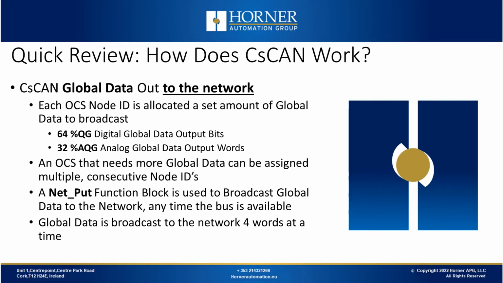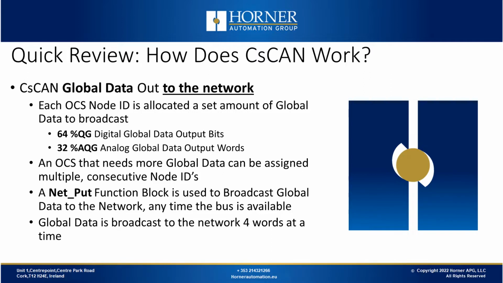Let's talk about Cscan global data going out to the network. As mentioned, each OCS node ID can have both digital and analog data that it broadcasts. Each node ID can handle 64 QGs or digital bits and 32 AQGs or analog words. If the OCS needs more data than that to broadcast to the network, you can assign multiple consecutive node IDs to that OCS.